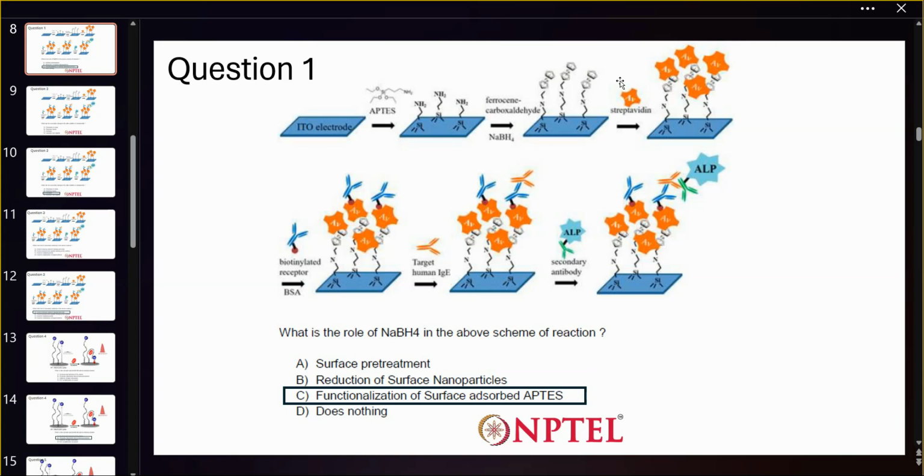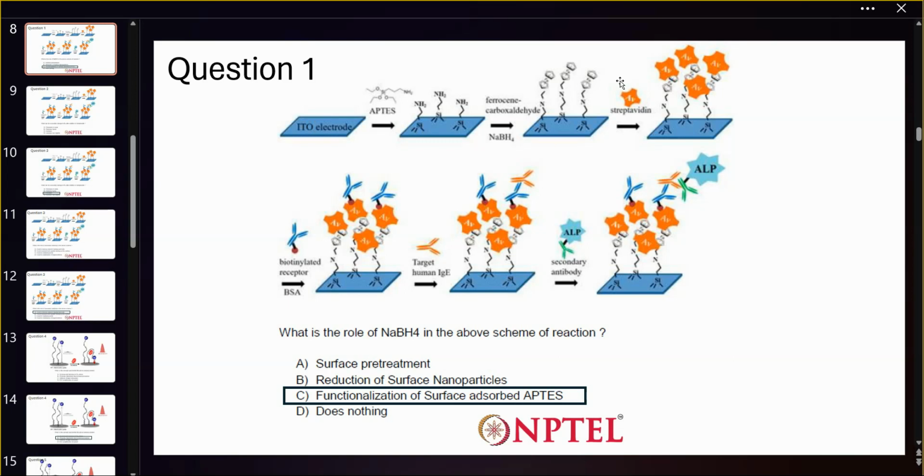Then, after you have got the activated surface, you functionalize the functional groups on the surface using ferrocene carboxaldehyde in the presence of NaBH4. Then you deposit streptavidin. You deposit streptavidin because your antibody, which is the primary detection antibody, is labeled with biotin, and streptavidin has 4 biotin binding sites.